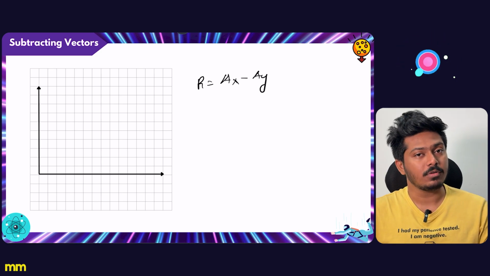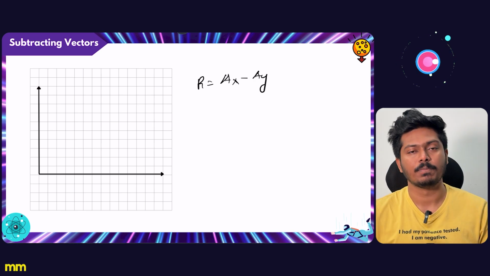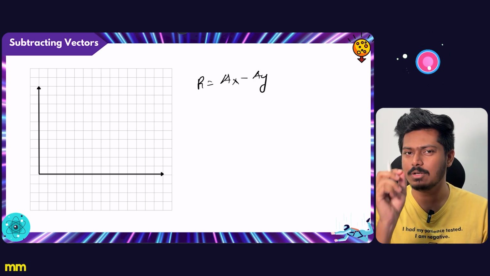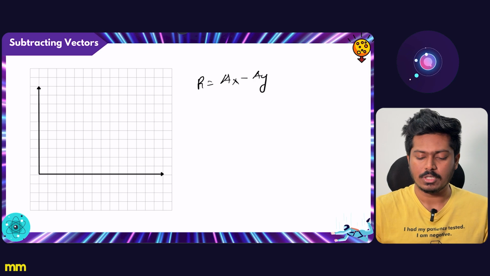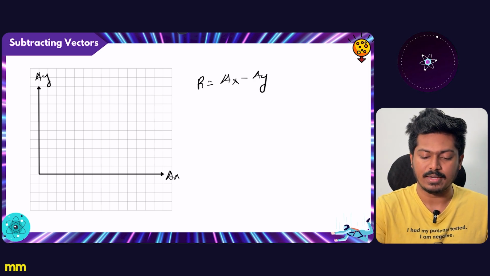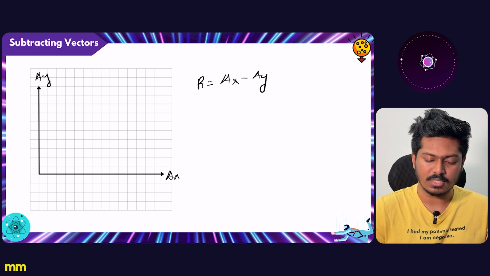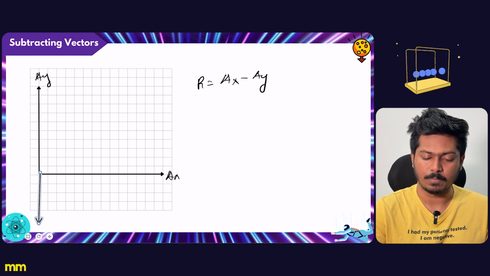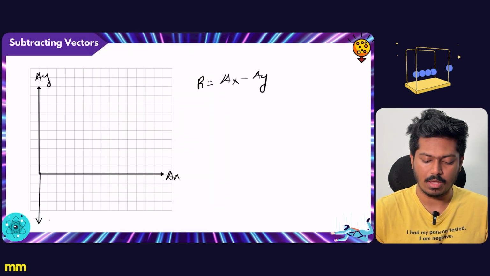Now, what happens in vector addition is that the negative sign denotes the direction of the vector. So if I call this ax and if this is ay, the negative of ay is just that ay in a different direction. So this, another vector, would be called negative ay.